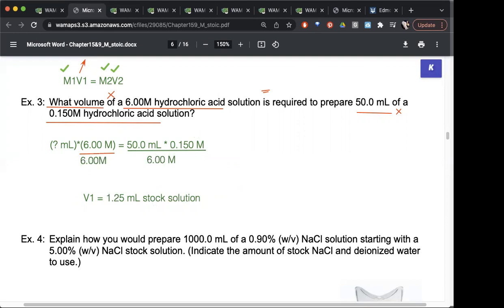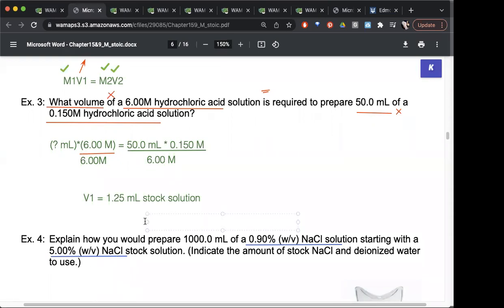And the same equation will work in this case down here where we have the percent concentration, weight per volume. Because those units match, we don't even need to worry about converting those volumes. They'll just cancel out like we saw here, right? Those molarities cancel out.